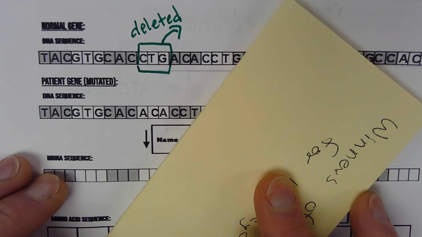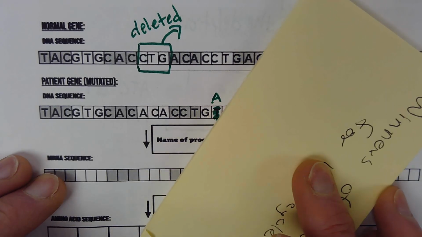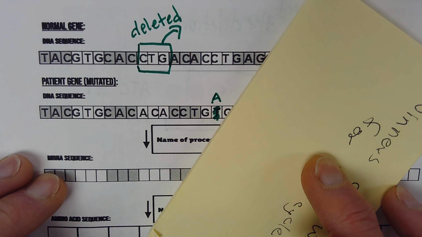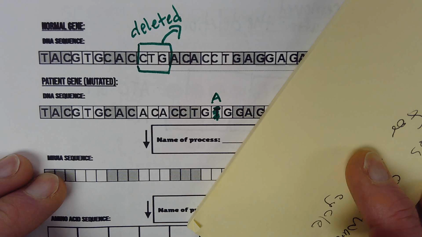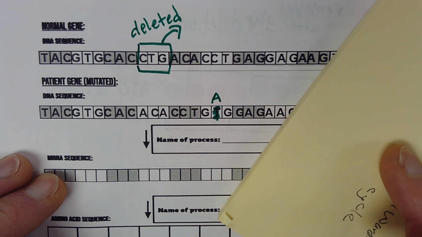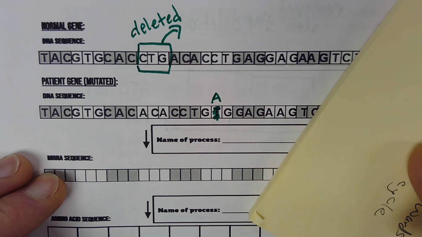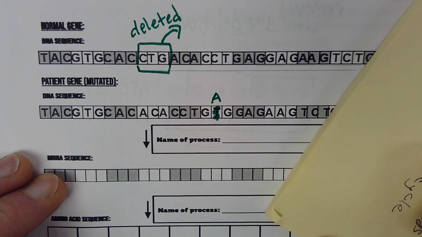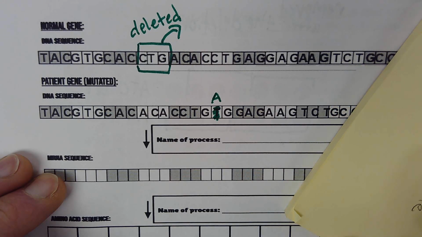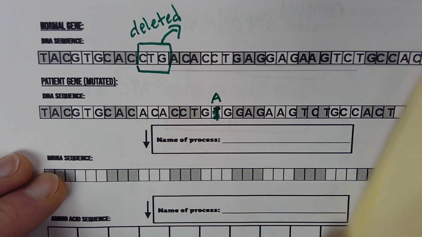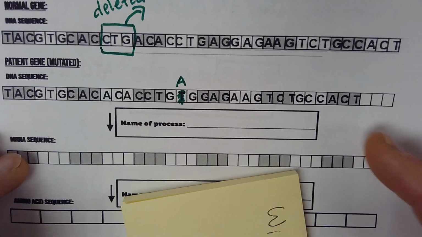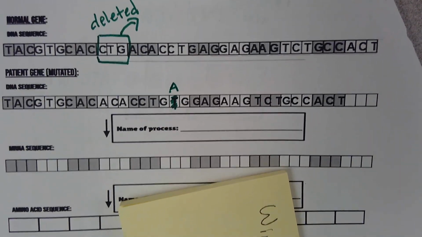So I can see, okay, it's still got all of these. And if I had done that as an A instead of a T, it should have said GAG. So again, change that. GAG, AAG, TCT, and then GCG. All right, and that's why we have a whole empty codon at the end.